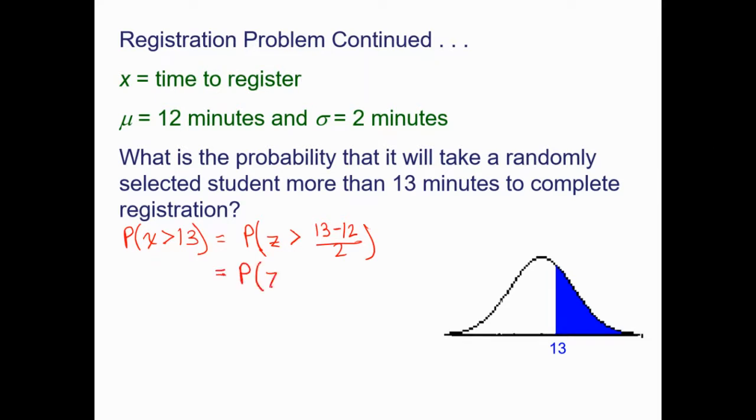The probability that z is greater than... It'll give you the mean and standard deviation every time. The formula that we're using is x minus mu over sigma.